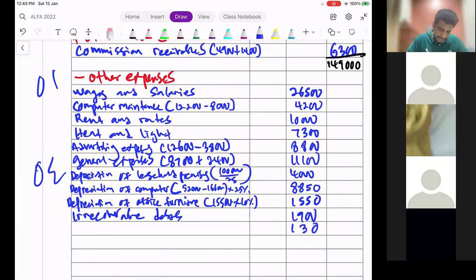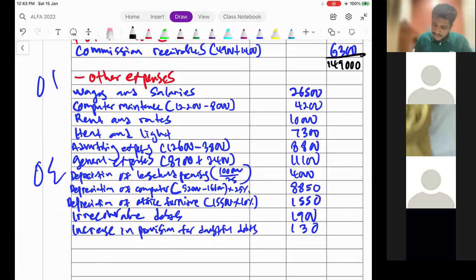Increase in PDD right here. Increase in provision for doubtful debts. That's it, I have taken care of all the expenses.